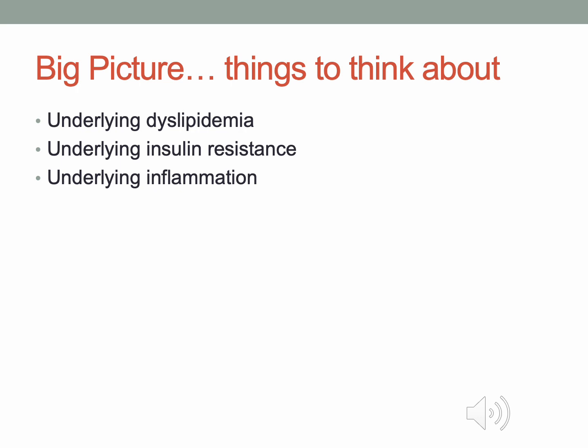Another piece is that underlying inflammation really drives cardiometabolic risk. This is an inflammatory disease as well as it is a disease that has a cholesterol component to it. And so we're going to address both simultaneously. But what's kind of in the middle and the biggest piece of this picture, in my opinion, is the insulin resistance.